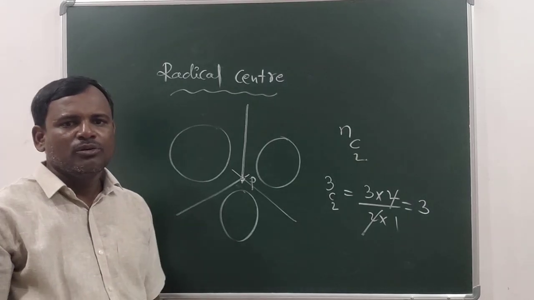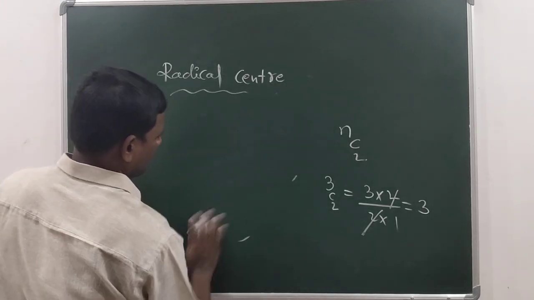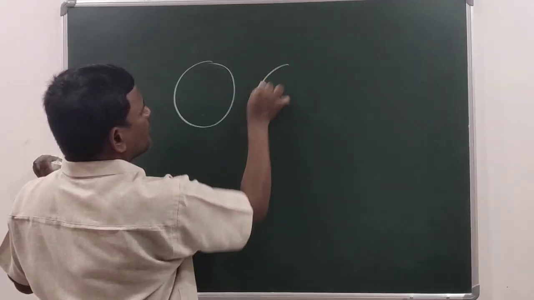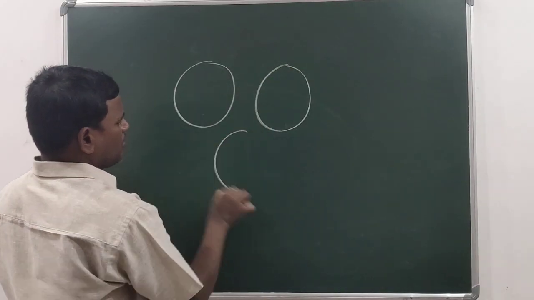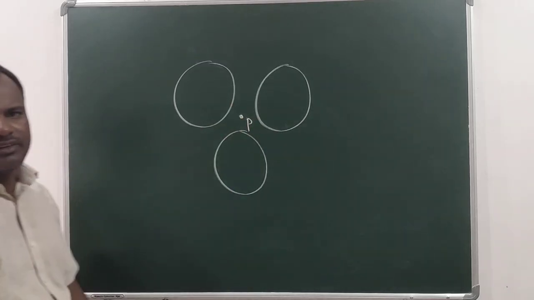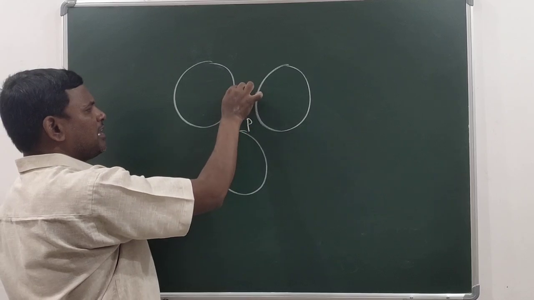Now let us learn its properties. Properties of the radical center. See students, this is the radical center. Now from this radical center, draw tangents.